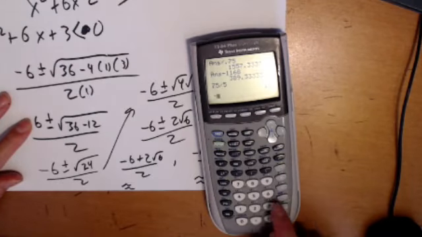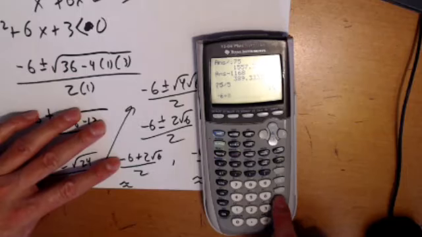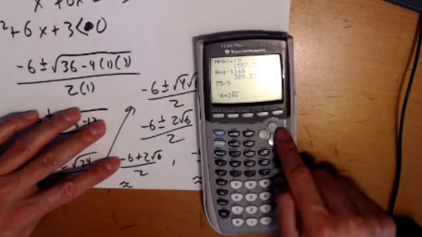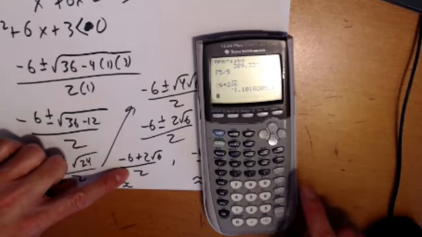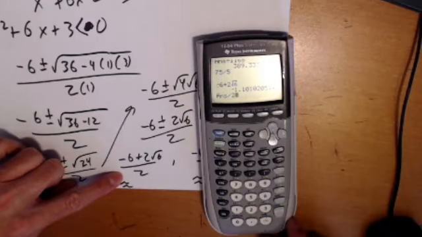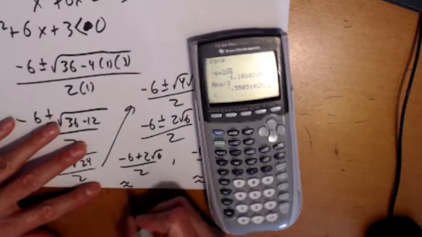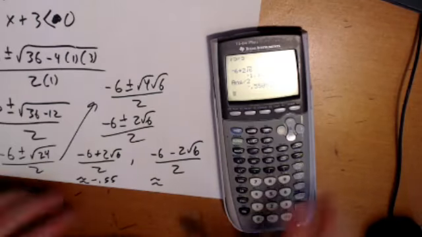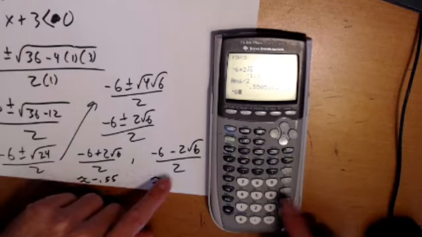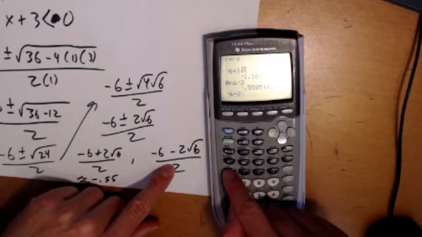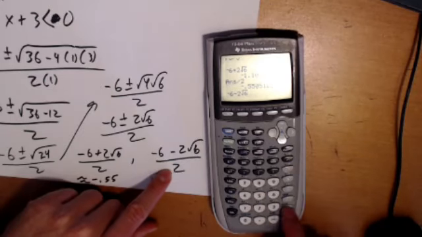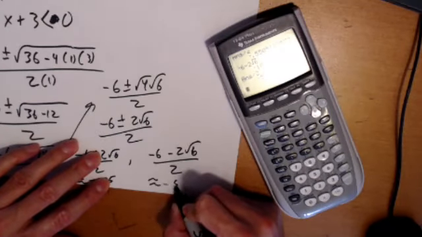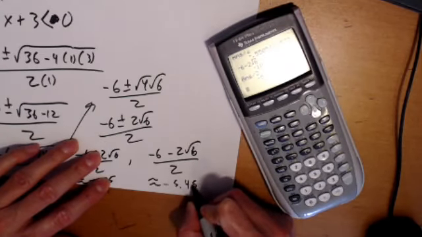So I'm going to do -6 plus 2 root 6, enter, divided by 2 is about -0.55. Because I'm going to have to do that whole number line thing. These numbers are just ugly. -6 minus 2 root 6, enter, divided by 2, enter, and this is about -5.45.